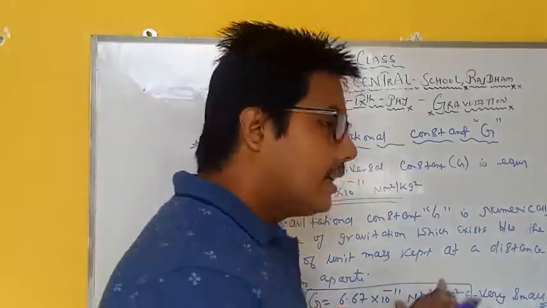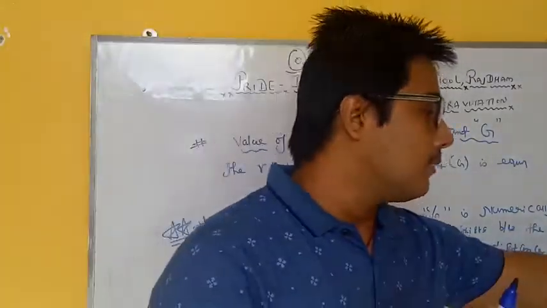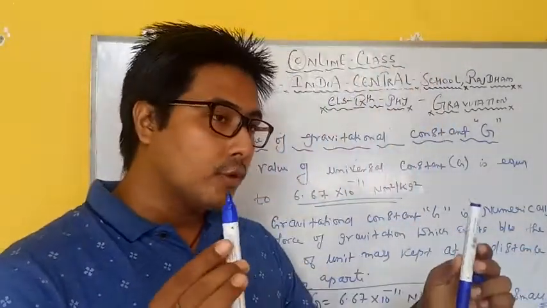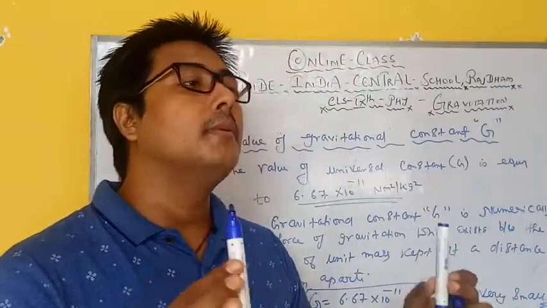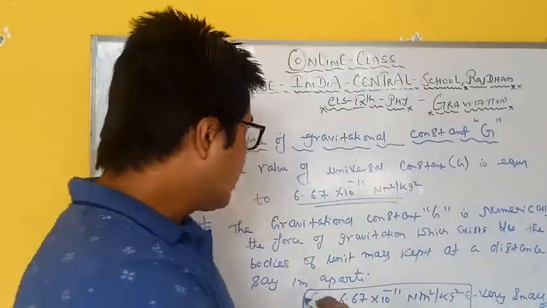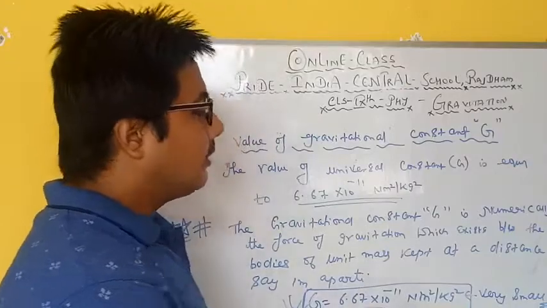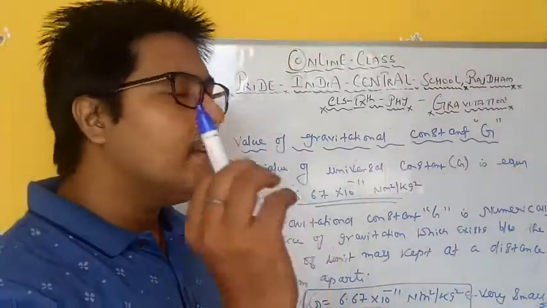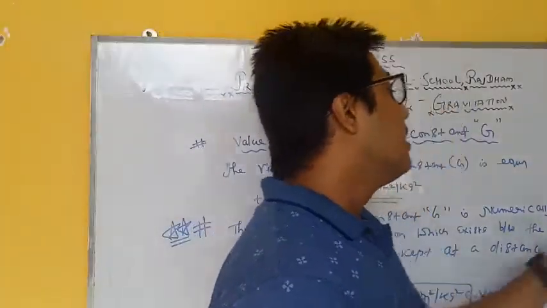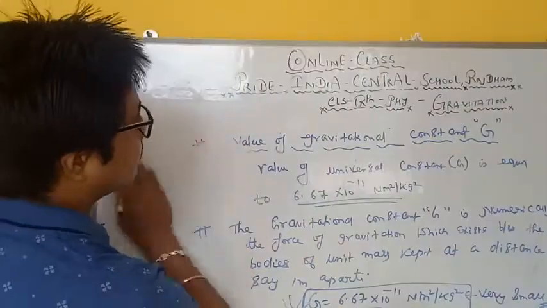Suppose these are the two bodies, so the force of gravitation between these two bodies will be very weak. Why? Because this value of G is very very small.